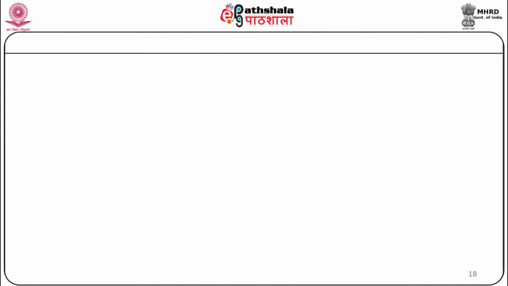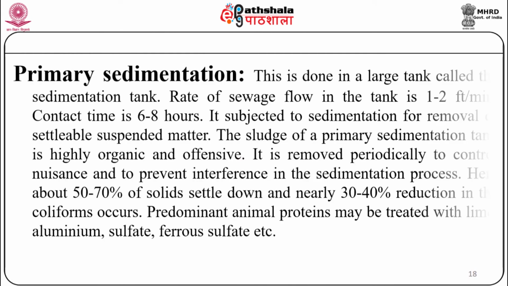So once grit removal is done, the next step in the primary treatment procedure is primary sedimentation. Primary sedimentation is done in a large tank called the sedimentation tank. The rate of sewage flow in the tank is 1 to 2 feet per minute.